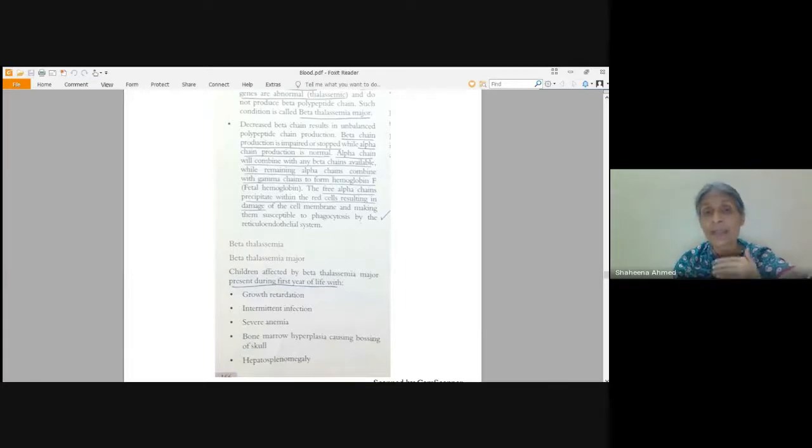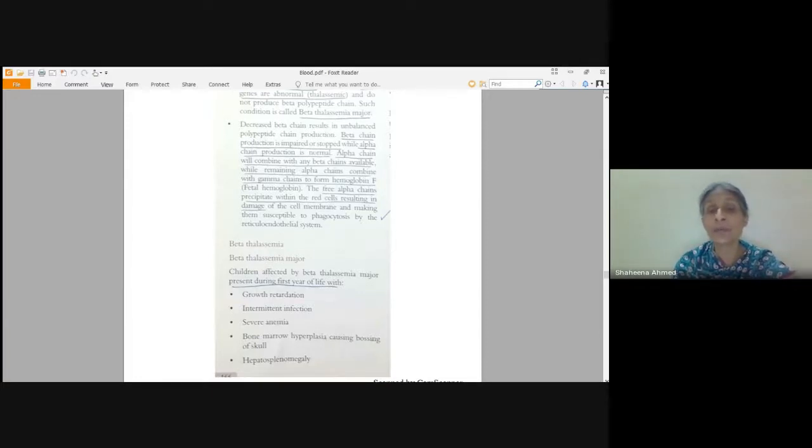So the alpha chains keep on forming, and the alpha chain which is being formed is absolutely normal. The alpha chain will combine with any available beta chain which it can find. If there are no beta chains available, the alpha chains will start combining with gamma chains. Now, gamma chains are those chains which are present in fetal life. But if beta chains, which are supposed to be present in adult life, are not present, these alpha chains will start combining with gamma chains to form fetal hemoglobin.